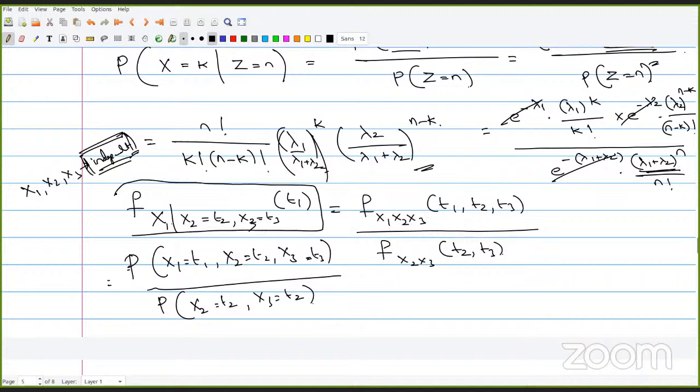Can I write it like this? Yes, sir. And the numerator is nothing but this, and the denominator is this. So if they are independent, I will simply multiply. Okay, no need for independence. It is just direct: the conditional is equal to the joint divided by the marginal.